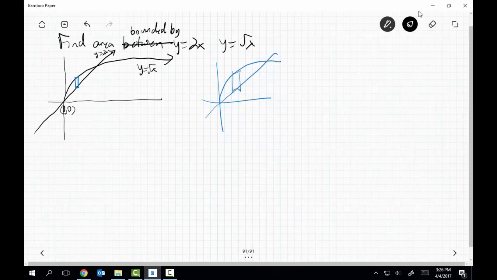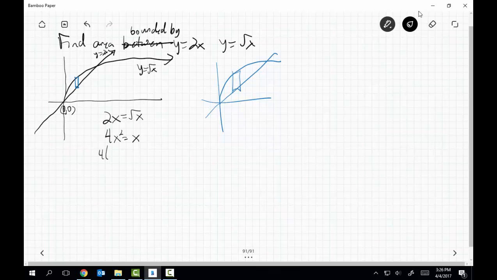Or, wait, did I screw that up? It's not as intuitive as I meant it to be. Let's check it out. The way in which you solve this is you set 2x equal to root x, right? Wait, it is 4, isn't it? Oh, yeah. Don't listen to me, I'm losing my mind. So this becomes 4x squared equals x.